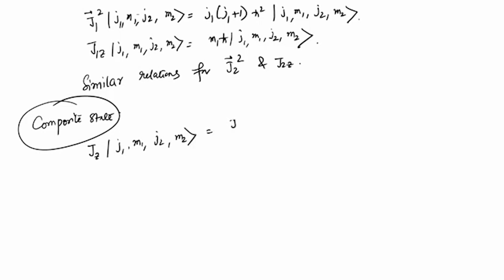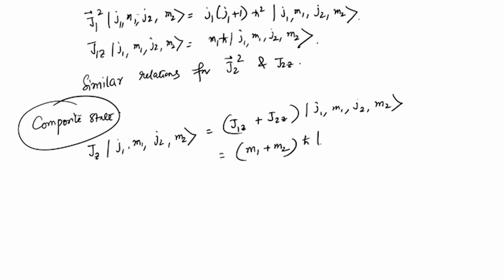So, this is equal to J1Z plus J2Z acting on this J1 M1 J2 M2, and this is equal to M1 plus M2 times H cross, times J1 M1 J2 M2.